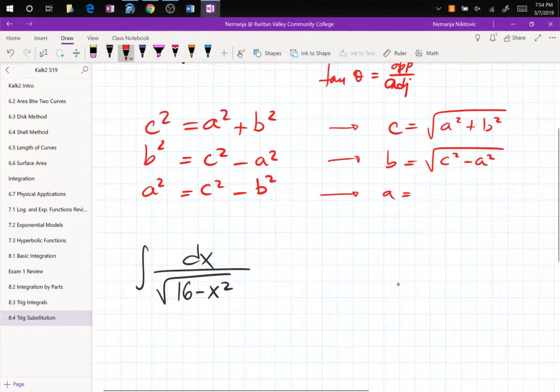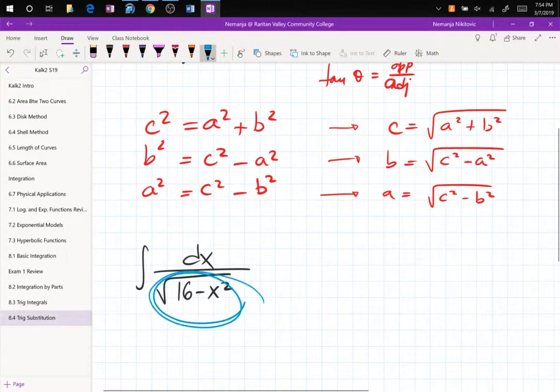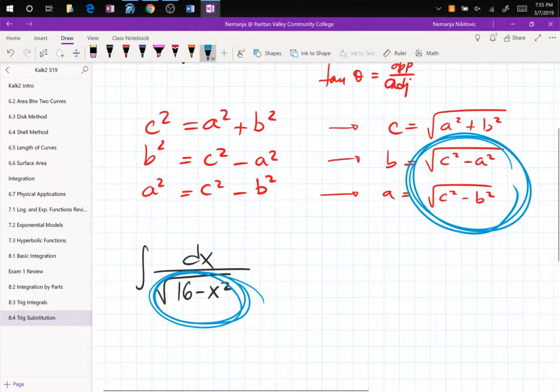And a becomes the square root of c squared minus b squared. So I hope that you are picking up that the form of this is the same as the form of this. There is a number minus a number. Are we all agreeing on that? That is the key to succeed here.